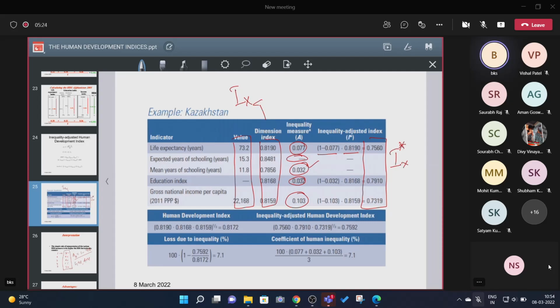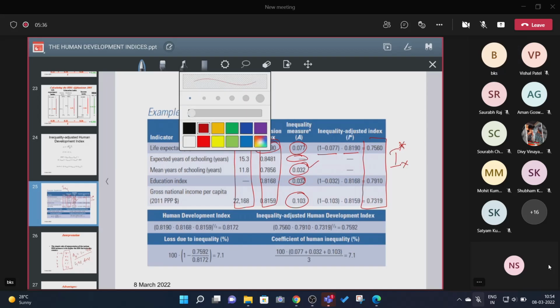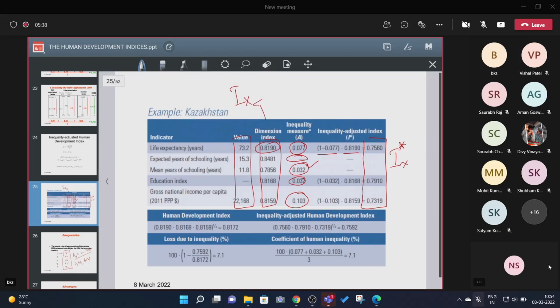Then we can calculate the human development index. Human development index is nothing but your health dimension index, education index, and your income index. These three. And the geometric mean of these three gives you the human development index.